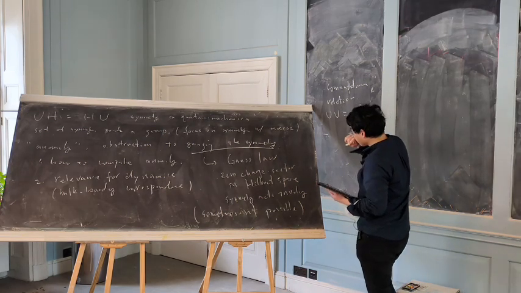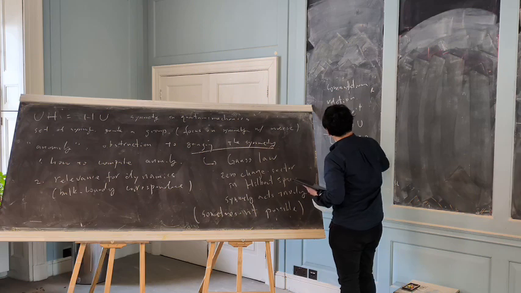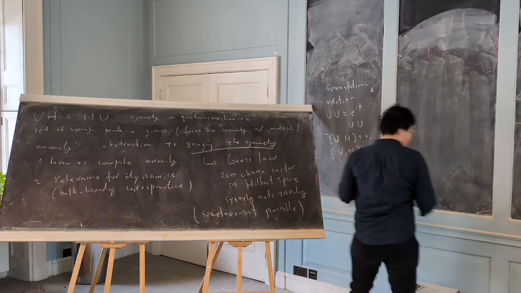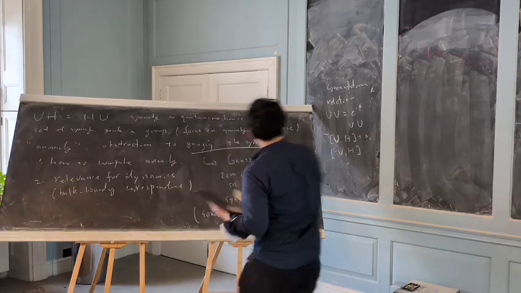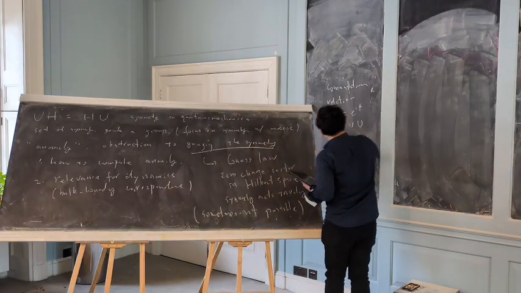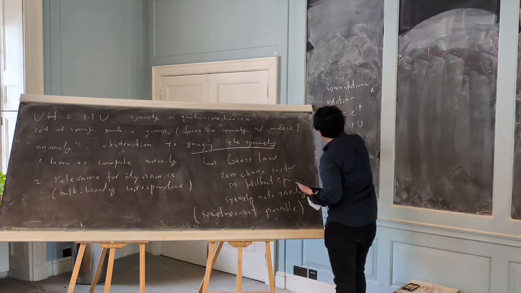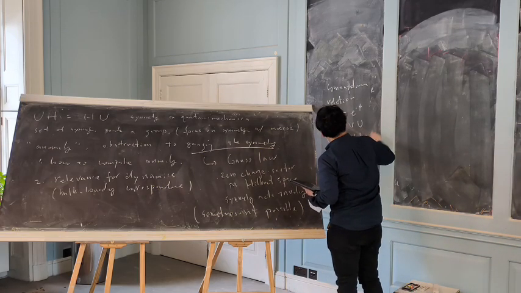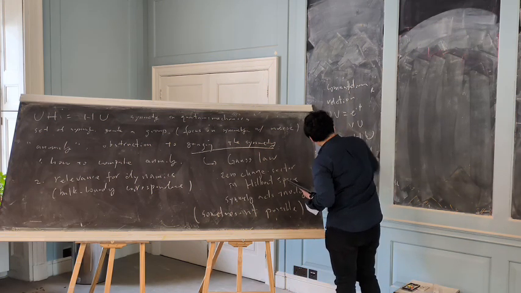So both U and V commute with the Hamiltonian: UH equals HU, VH equals HV.